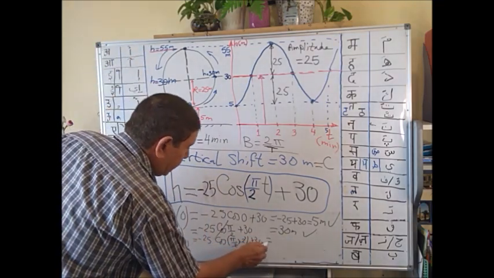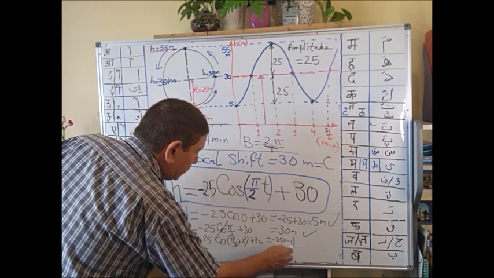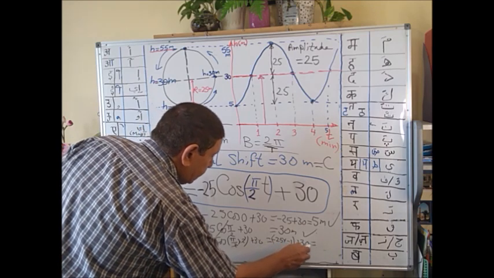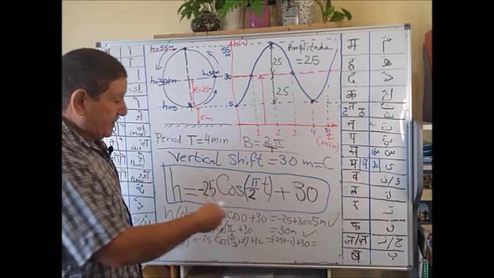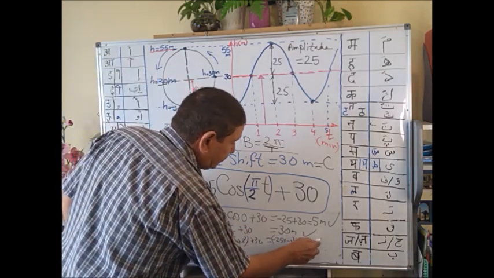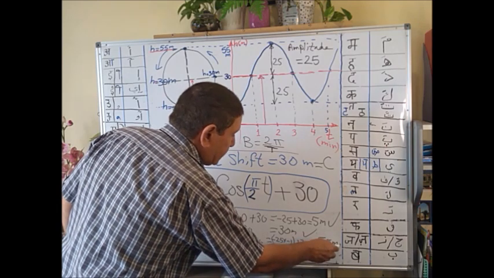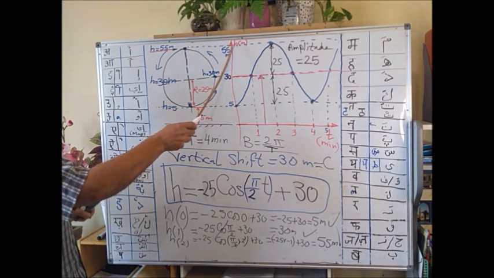So we have here minus 25 times minus 1 plus 30. Now minus 25 times minus 1 is plus 25. So plus 30, that will give you 55. And that's what we are after. As you can see, this is 55.